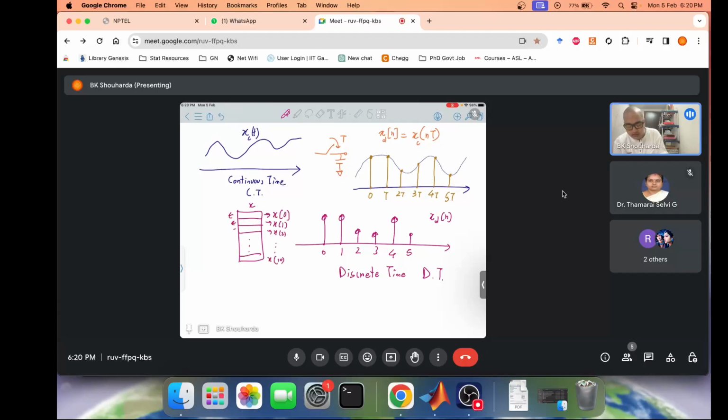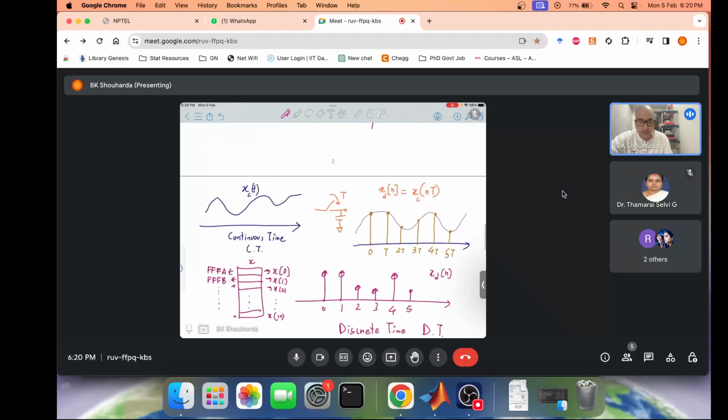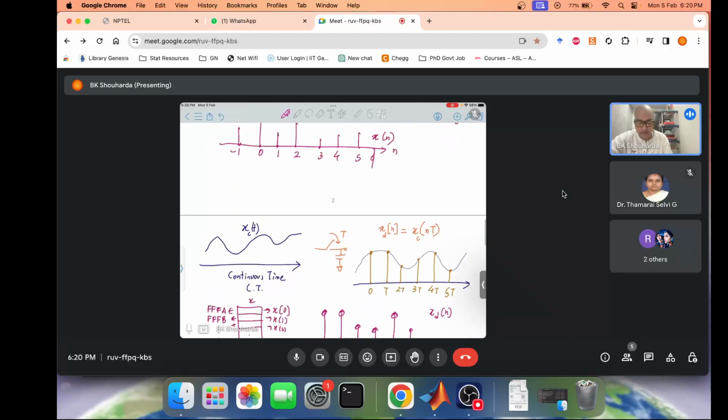These are actually stored in memory locations, let's say FFFA, FFFB, and so on. So you can use that binary or hexadecimal numbering to access the memory location. Fine. This is an alternative view on how we obtain discrete time signals.